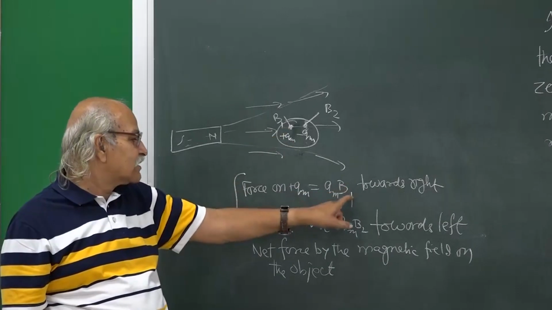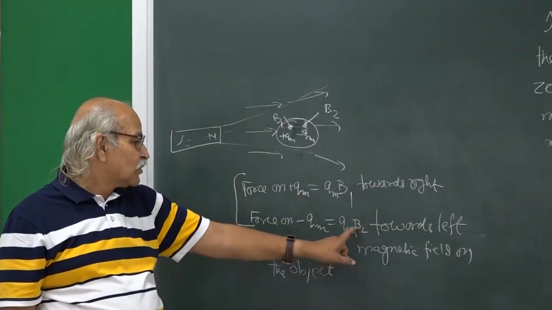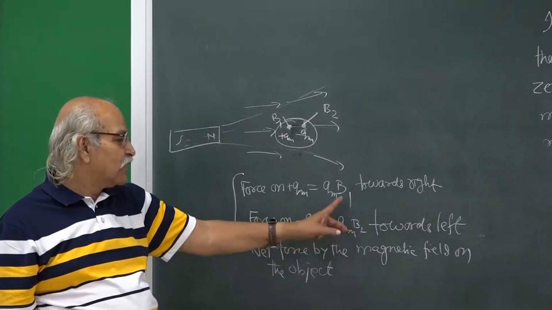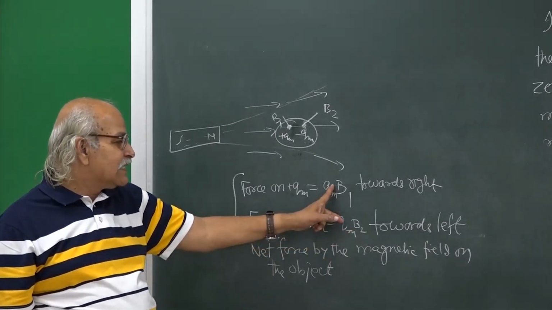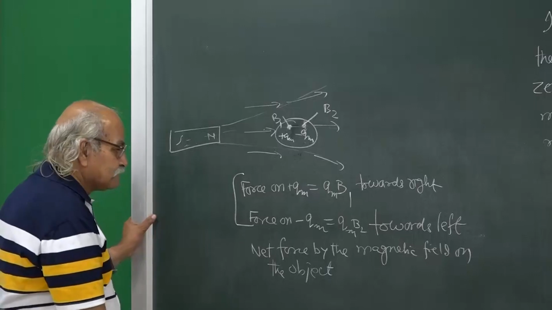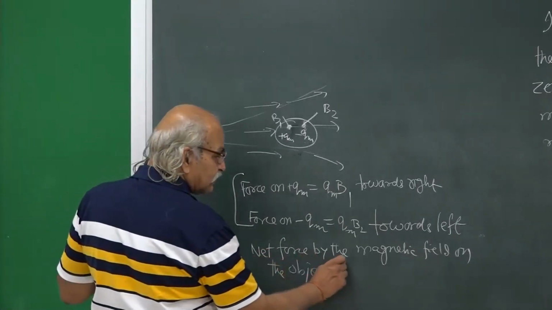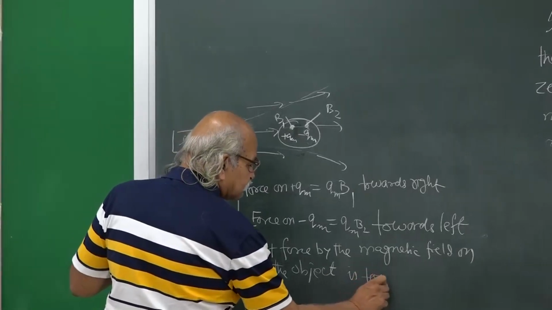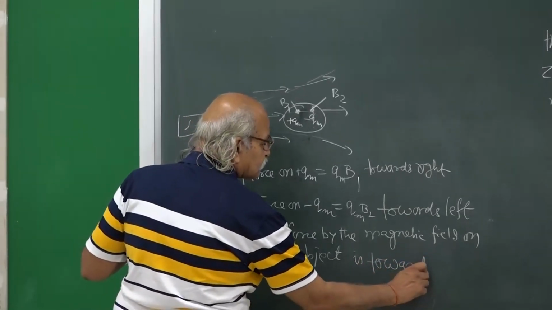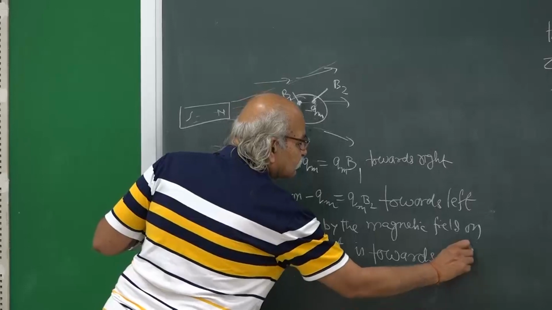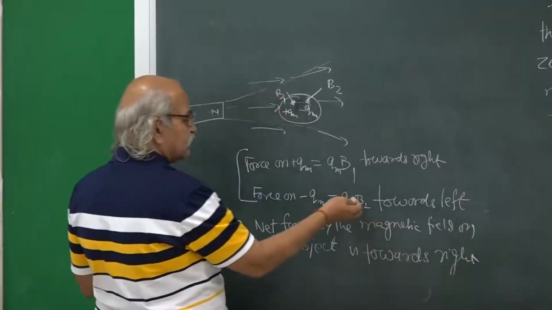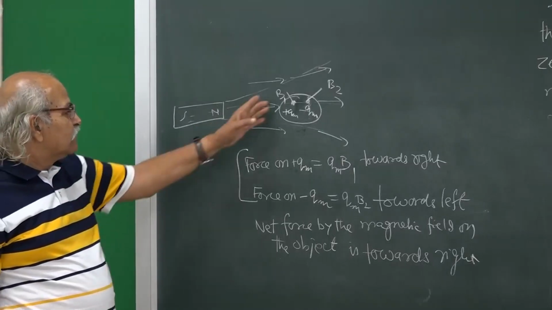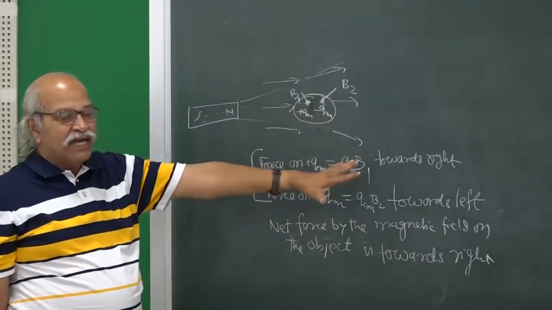So, this is larger towards right, and towards left this is smaller in magnitude, and therefore, when you combine you will get a net force towards right. Net force by the magnetic field on the object is towards right, with some magnitude that will be qm B1 minus qm B2.